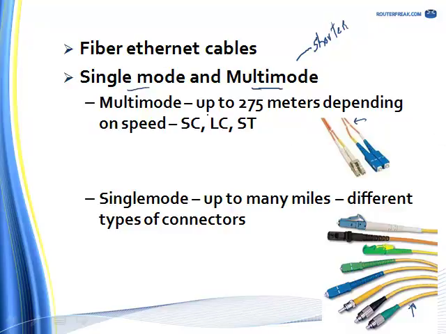So distances for multi-mode are up to 275 meters, depending on the speed that you're running. You can get 275 meters. Lately, with 10 gig, it's been a brand new world working with 10 gigabit.